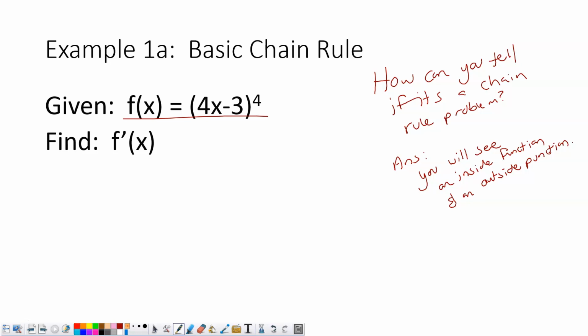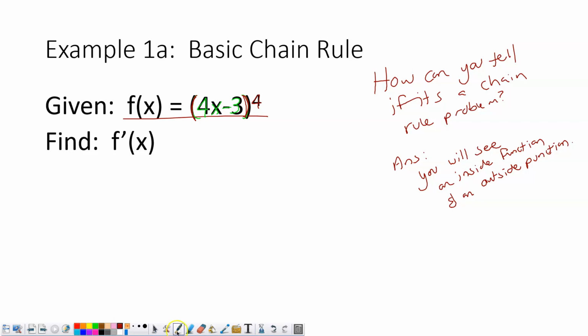So how are we seeing that on this problem? Let's take a look. Don't you guys agree that 4x minus 3 is inside of a set of parentheses? There's your inside function. But what's the outside function? The outside function is taking that and raising it to the fourth power. So in green, we have the inside function, and in red, we have the outside function.